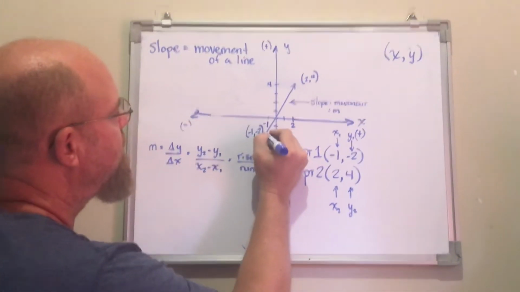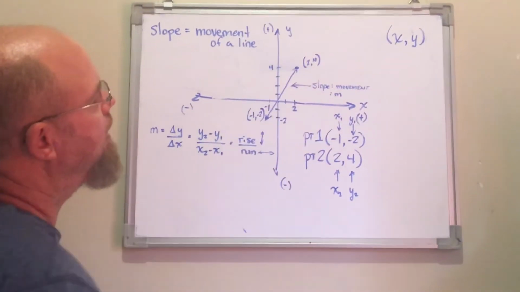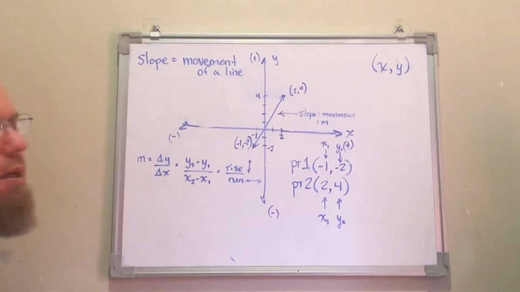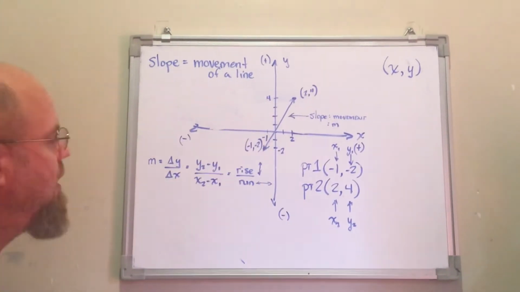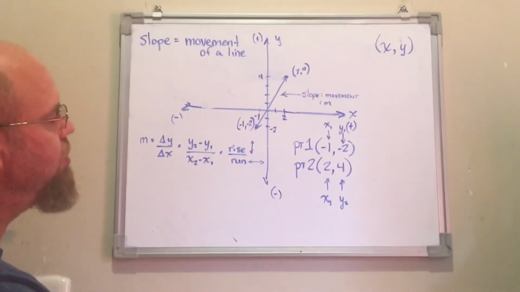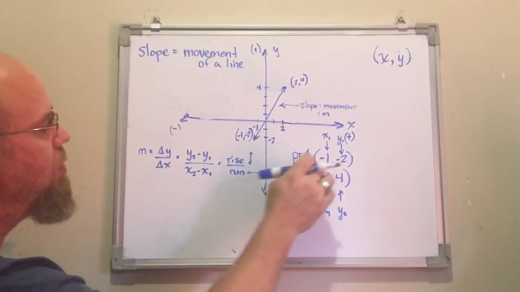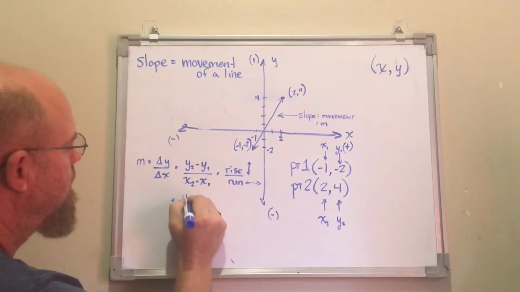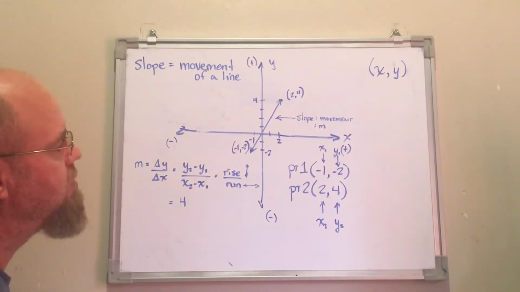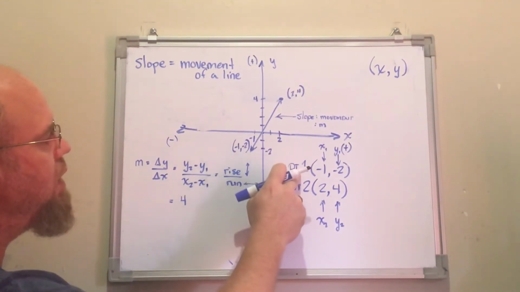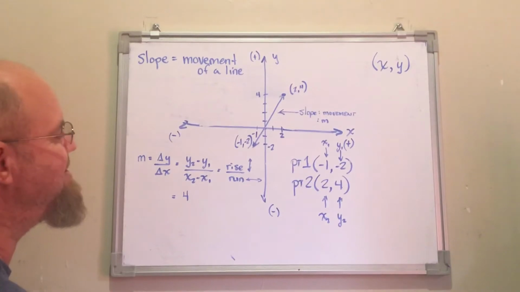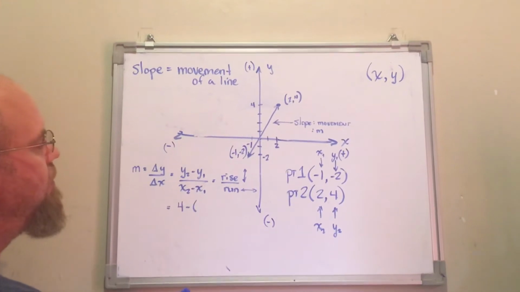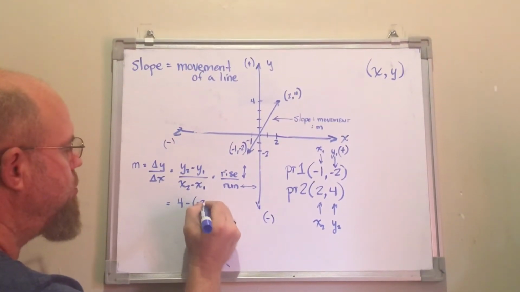So we can look at this. Here's our point, here's our point. Okay? We can look at this and we can plug these values into the equation for slope, which is the movement of the line. So what is y2? Well, we go to point 2, we go to the y value, so y2 is 4, minus y1, so let's look, where is y1? Well, we go to point 1, and we look at the y value, which is -2. So we subtract the value of y1, which is -2.